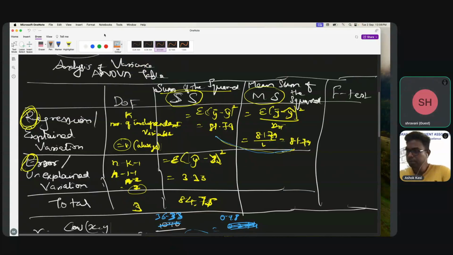Is it okay? Yes. The next one is MSE. So MSE is SSE divided by degree of freedom. SSE is the 3.33 divided by degree of freedom, which is 2.